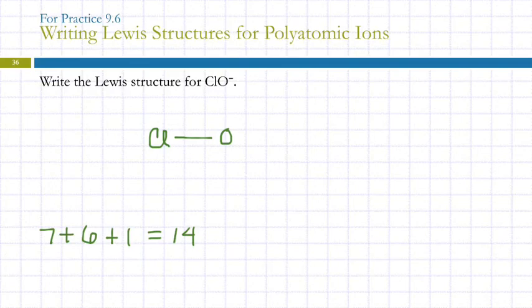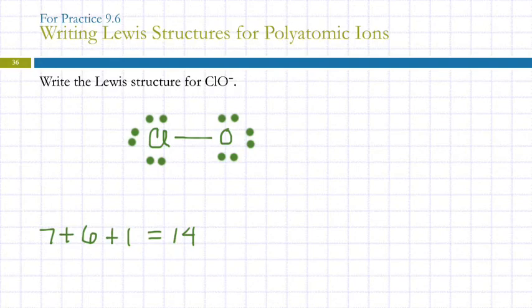So 14. So there's 2 here. 4, 6, 8, 10, 12, 14. I used up all 14, and both of the atoms have octets. This one doesn't need a multiple bond.